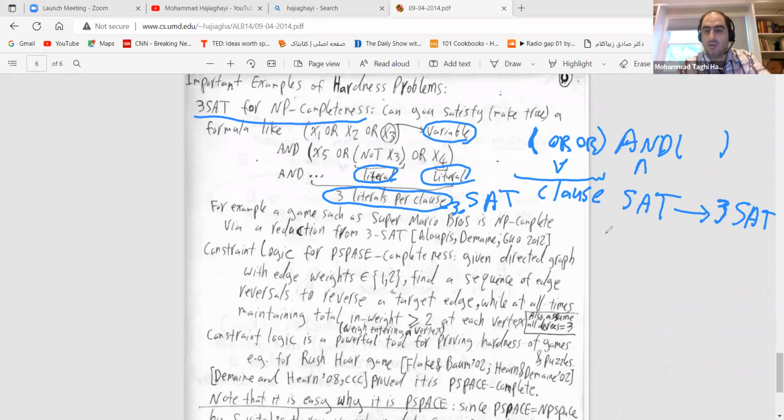It is important. There are some versions of SAT that we are talking about. One version of SAT is 1-SAT. If there is a 1-SAT, it means that in each clause there is one variable. So is the problem easy or hard, essentially, if it is 1-SAT?